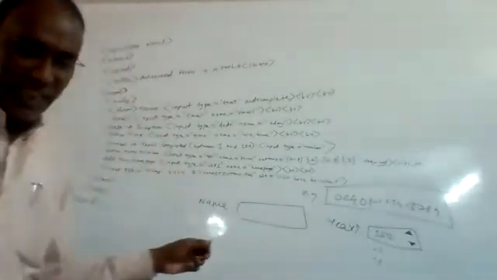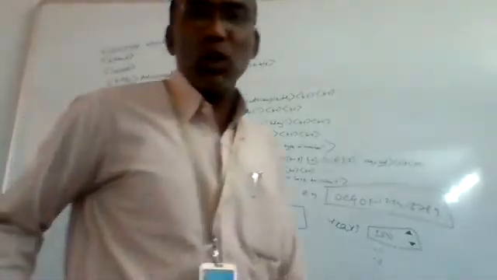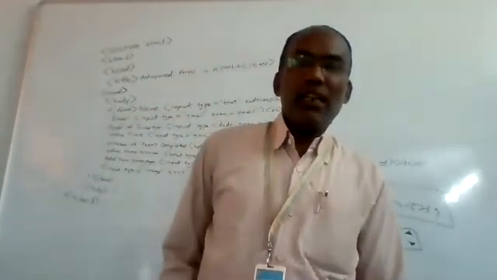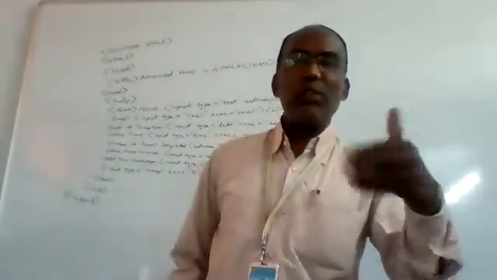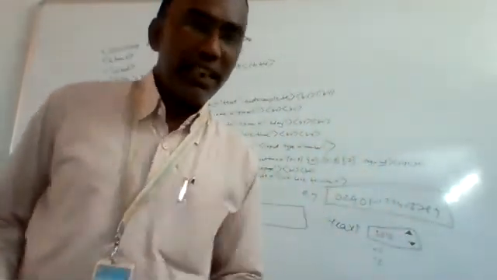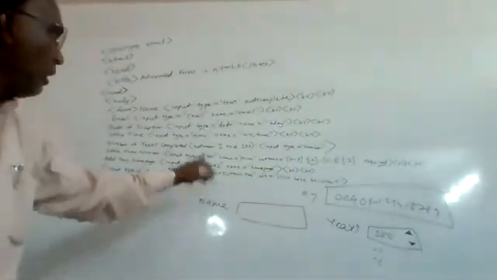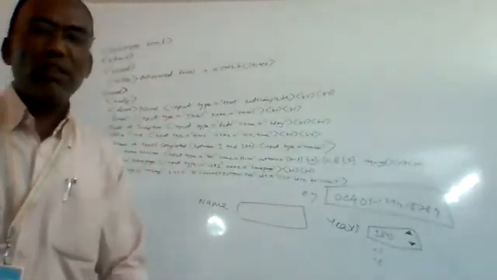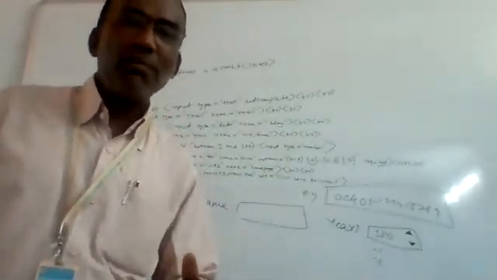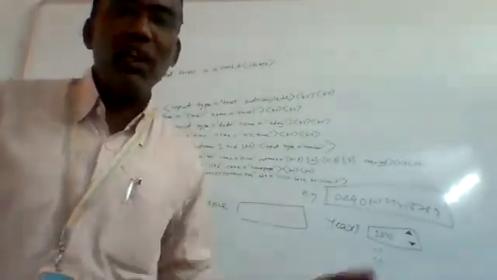Next, it will display in the output. Input type is equal to image. So here, in place of a button, we are using an image. The source is /submitbutton.png. Whatever file we want, we can apply the location or path of that image.